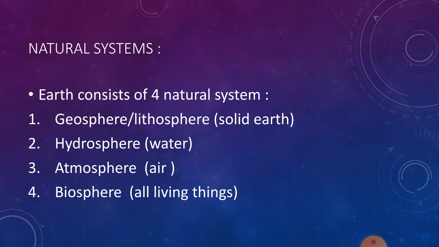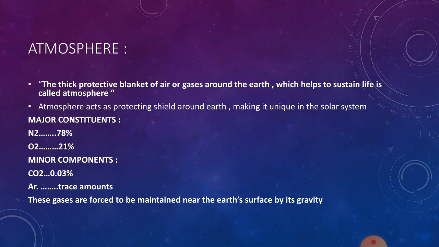After the formation of Earth, the Earth system consists of four natural systems. The first is the geosphere: the lithosphere, or the solid Earth surface, is called the geosphere. The water bodies are called the hydrosphere. The air around us is called the atmosphere, and the life, all the living things, make the biosphere.